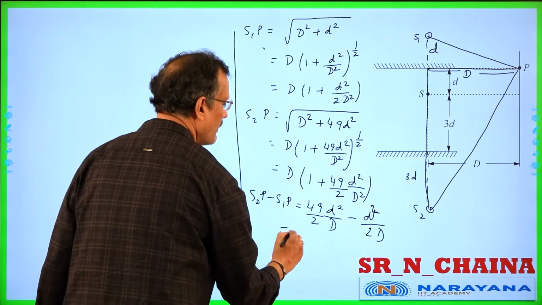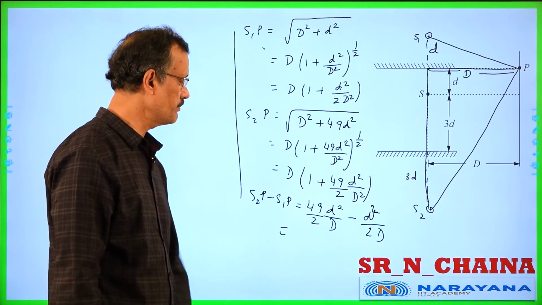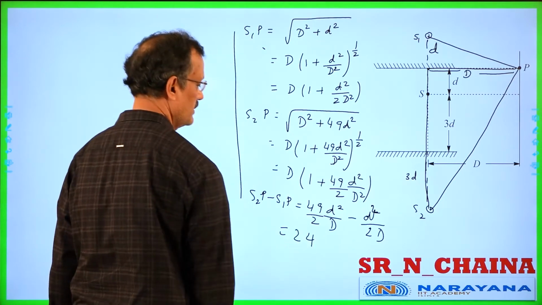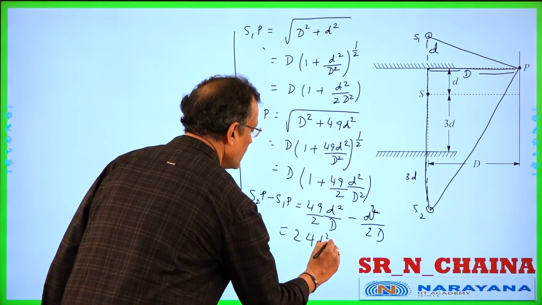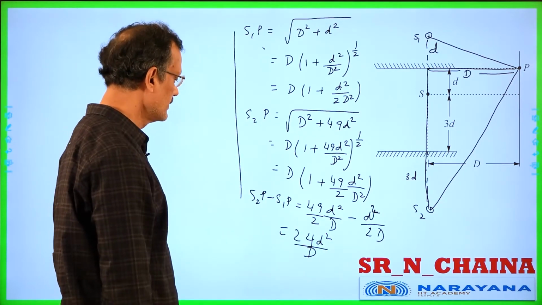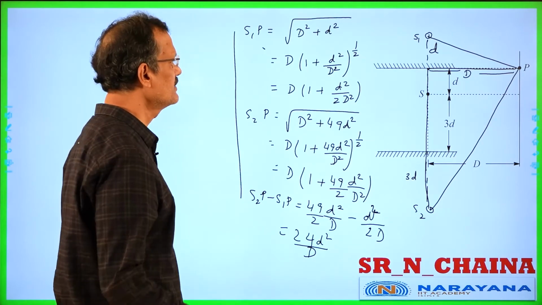So, you will have 49 minus 1, 48, 48 by 2, 24, 24 d squared by D. Clear to you?